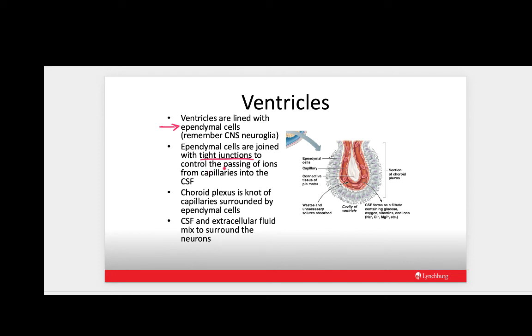That's exactly what we have here, because we want to have control over what has access to our brain tissue and brain circulation and what doesn't. So the ependymal cells that line the ventricles are joined together by these tight junctions, and therefore they're able to control flow going from the capillaries into the ventricles. Okay.